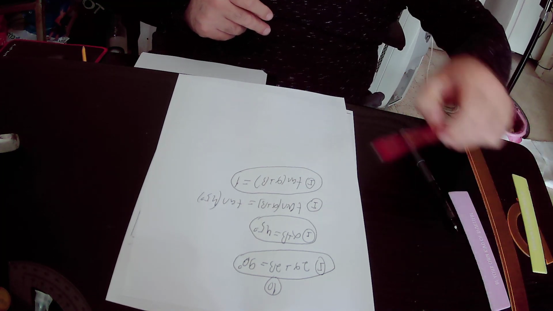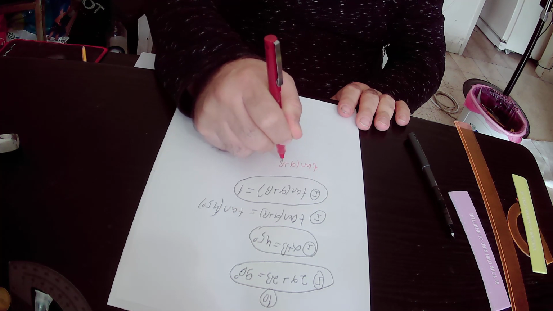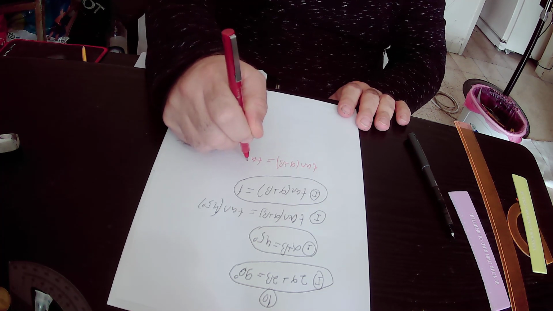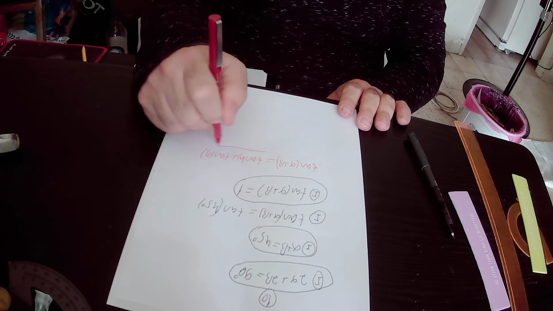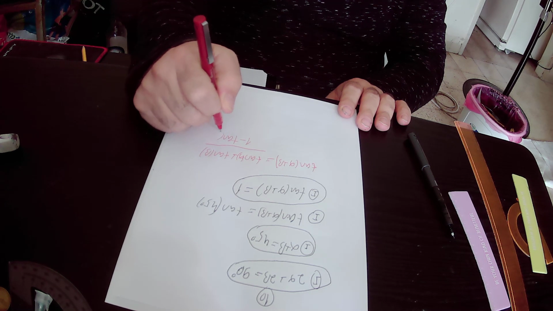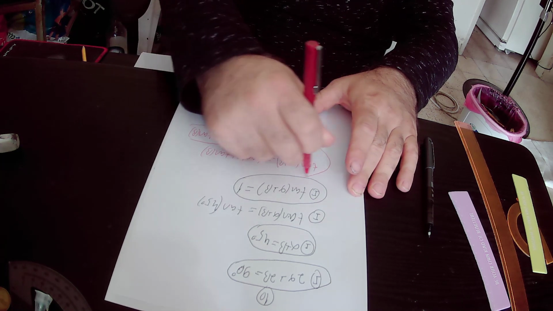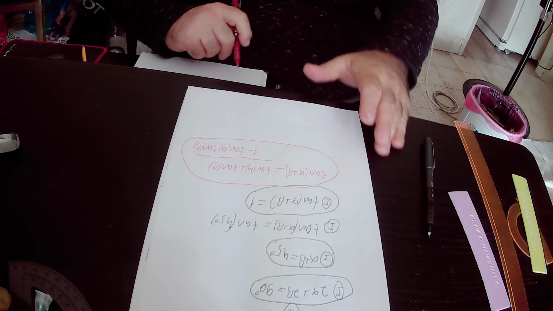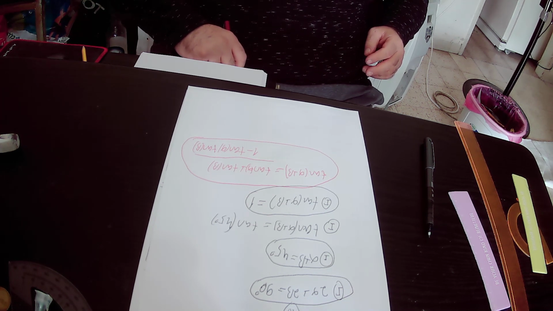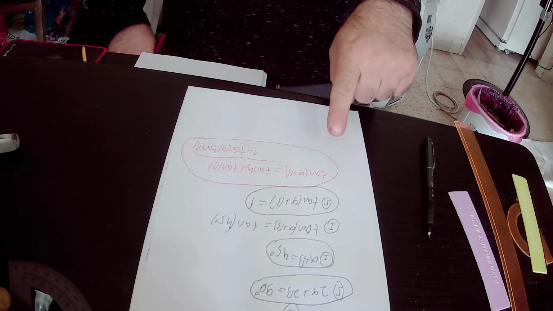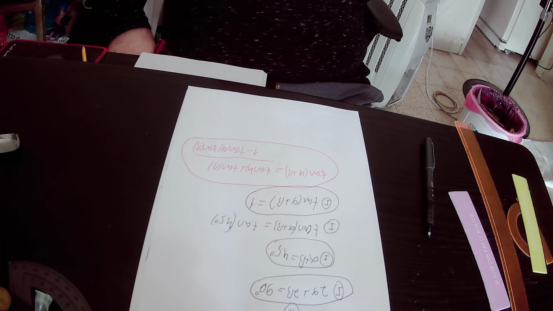According to the following identity, tangent of alpha plus beta is tangent alpha plus tangent beta over 1 minus tangent alpha times tangent beta. So we can substitute tangent of alpha plus beta in equation number 1 by this expression, according to this trigonometric identity.